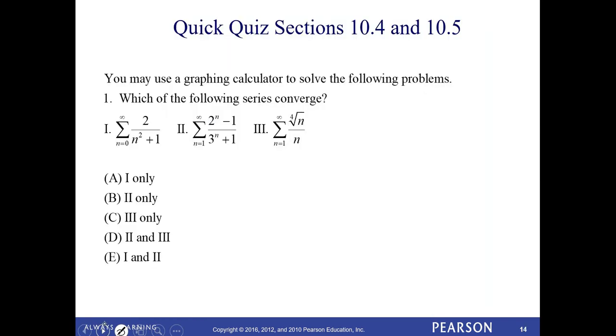The remaining slides are all quizzes. There is a quick quiz for 10-4 and 5 together, and this should be 9-4 and 9-5. The text that I got this from was a revised version. Ours is 9-4 and 9-5. And then there is a chapter test as well. So I'm going to scroll through these.